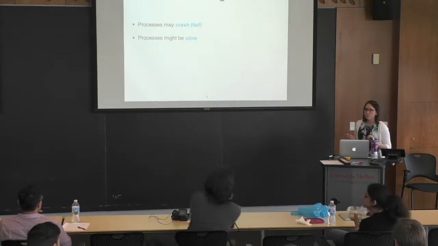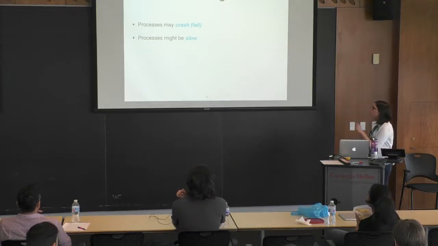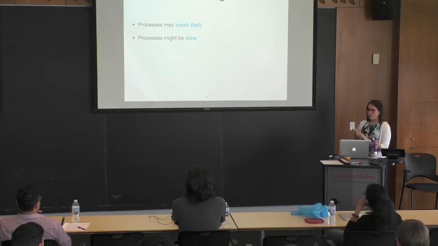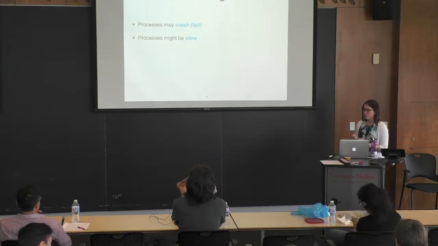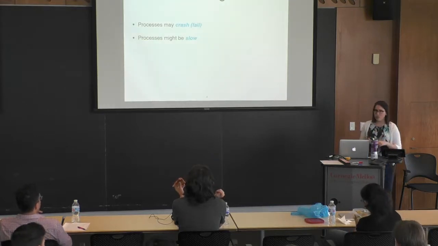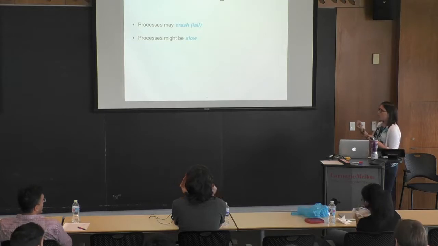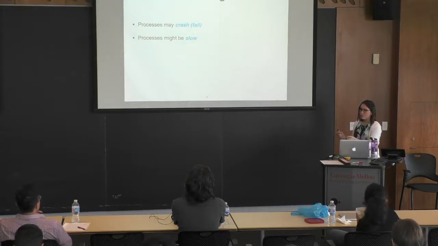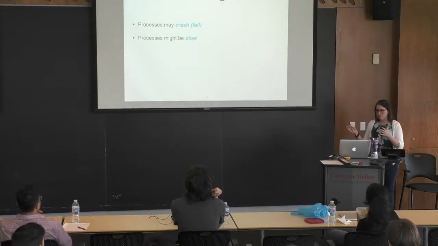But we're going to face a few challenges. And mostly they come from two problems, that the computers on your network might crash, and you might not know about it because they might be slow. So for you, the difference between a slow computer and a crashed computer is very hard to tell.